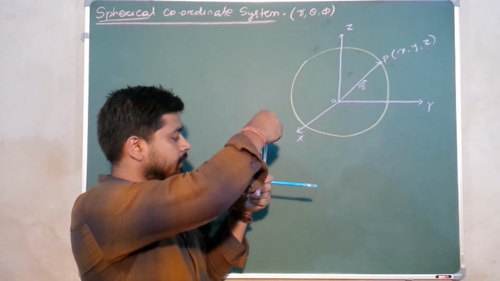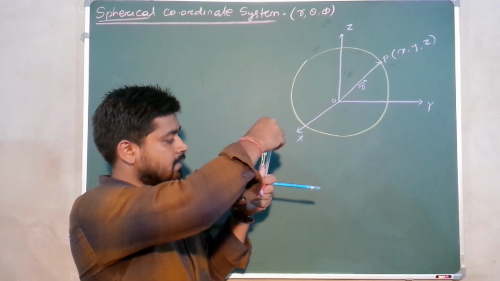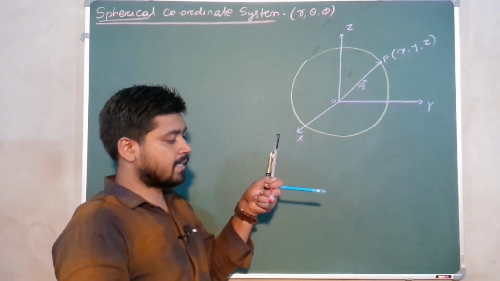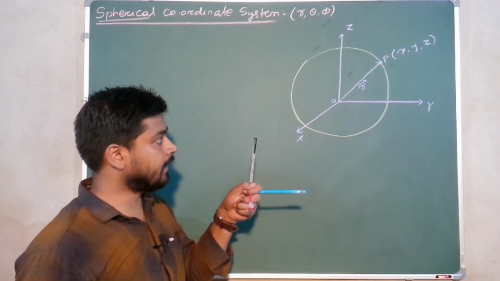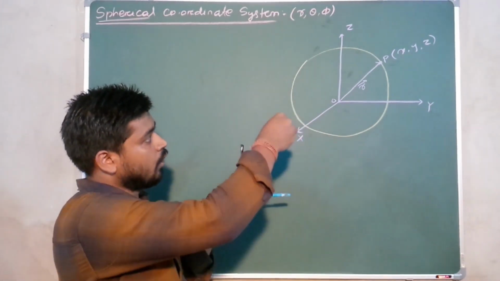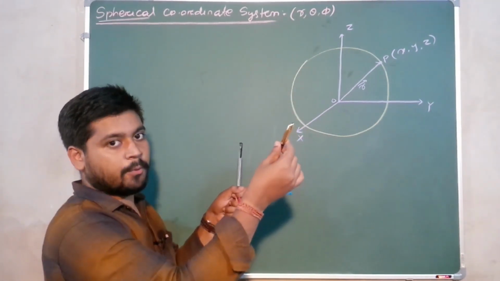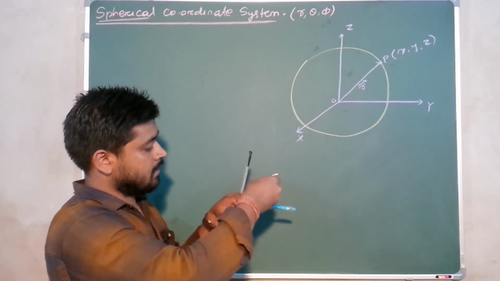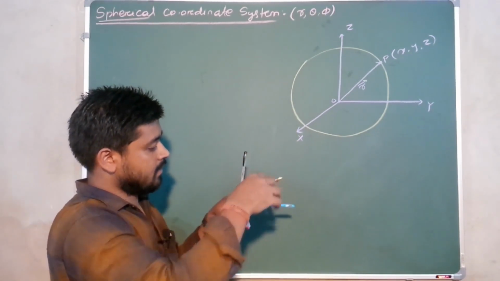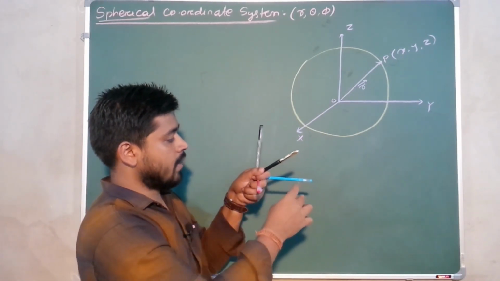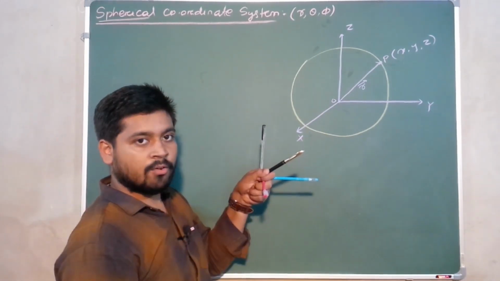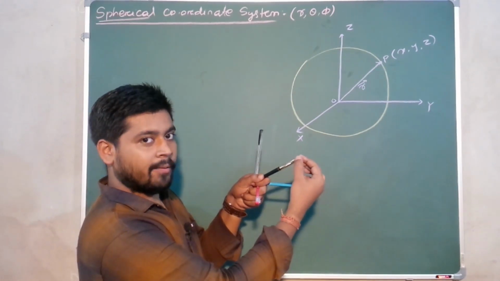Then the third one, let this one be the z-axis, which is perpendicular to both x-axis and y-axis. Okay. If this is the Cartesian coordinate, then the OP, position vector, is just like this. X-axis, y-axis, z-axis and this is the position vector. This is the point P.